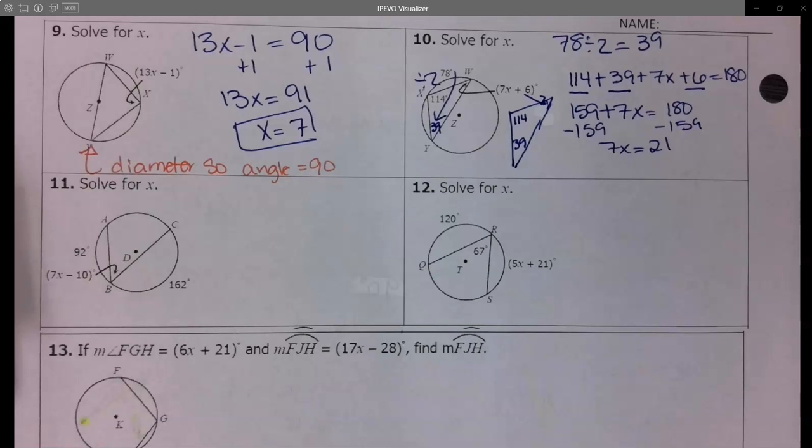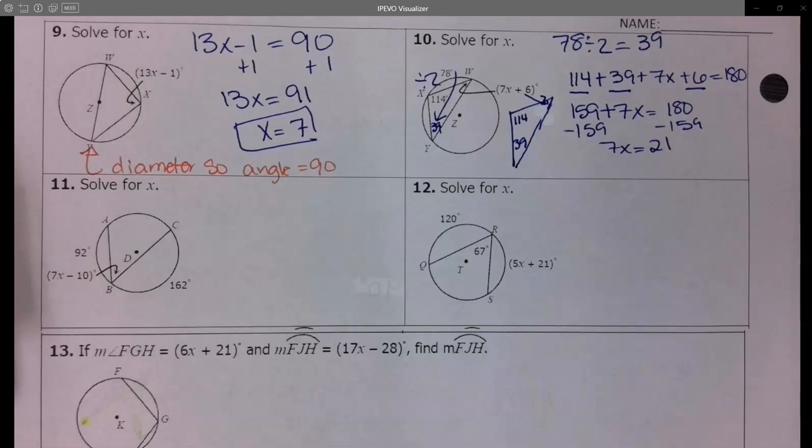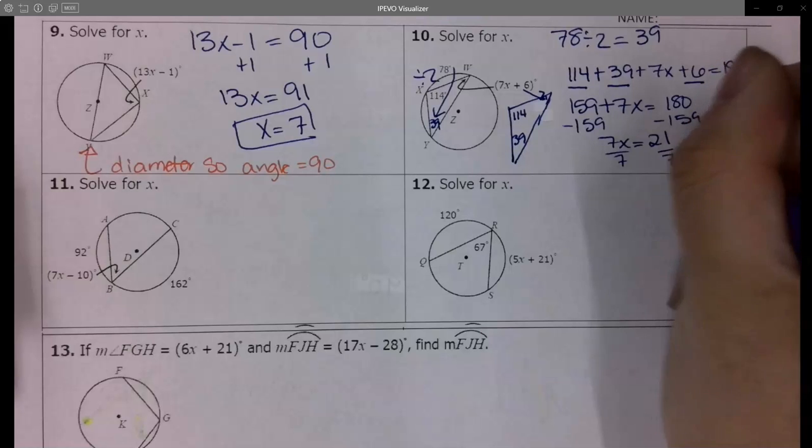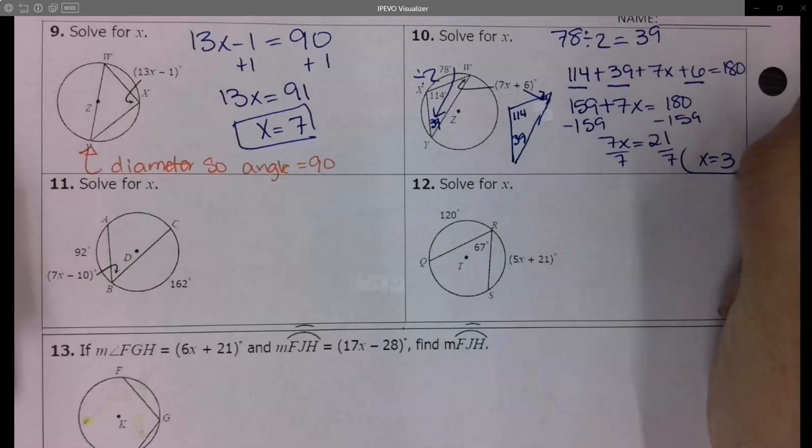I subtracted 159 on both sides, and then I got 7x equals 21. So what I want to do next is divide both sides by 7 to get x equals 3.